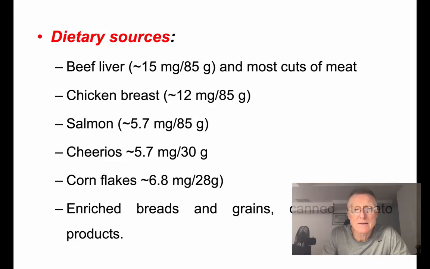I would say it's difficult to develop deficiency, unless you have no access to food, or you are deprived of food for a long period of time. Not common nowadays.